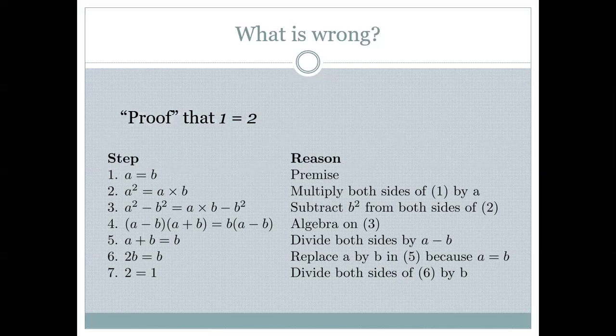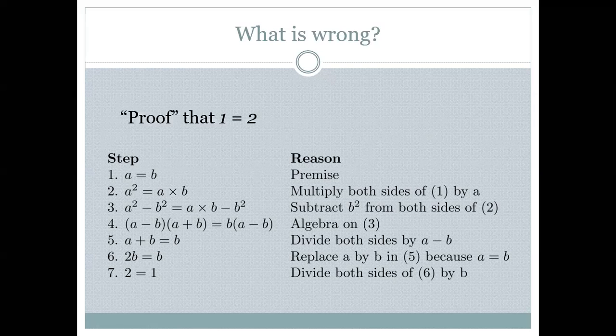Therefore, if I multiply both sides by A, I get A squared equals AB, right? Okay, what's next? Ooh, somebody is saying it divides by 0. Let's see if that's right, okay? So then what did I do in part 3? I just subtracted B squared from both sides, yeah?